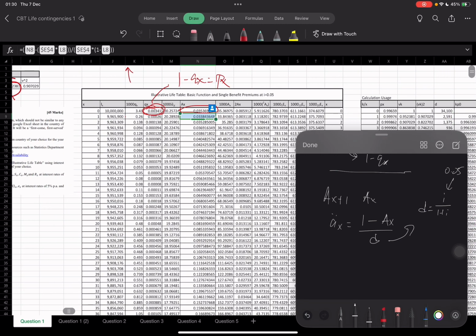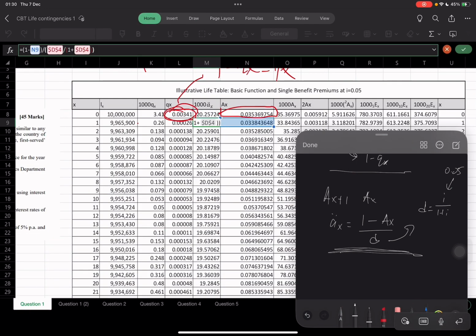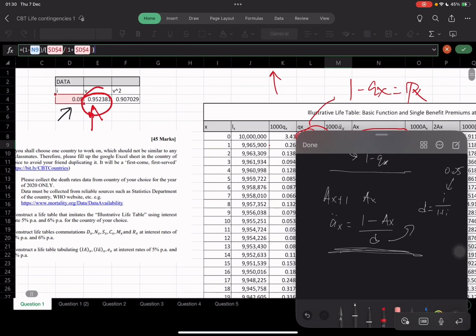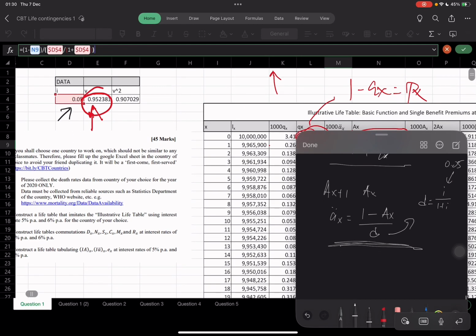Okay, then we can obtain ax as 1 minus Ax divided by d, where d is I over 1 plus I. I is 0.05.